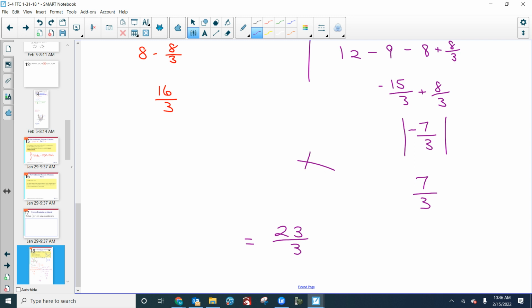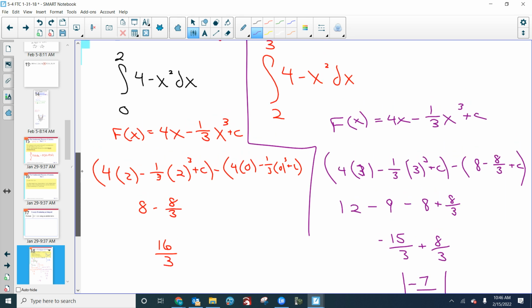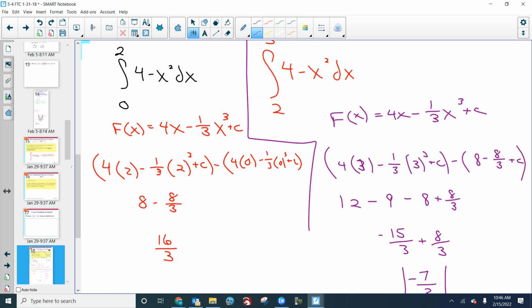Wendy. Why did you do 8 minus 8/3 plus C for 2 to 3? Why isn't it just make 8/3 plus... Which one? Red or purple? Over here? Yeah. Why did I do what?